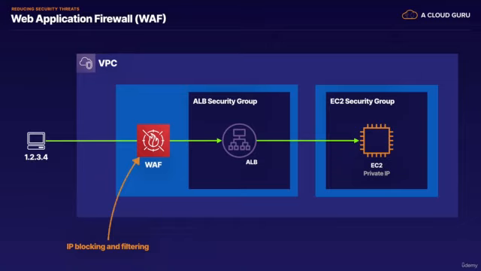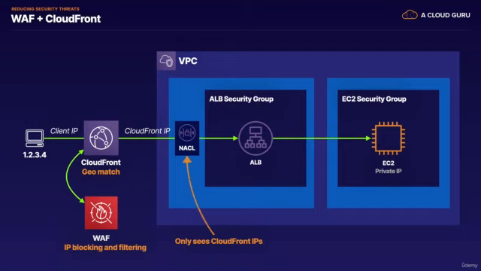And speaking of public web applications, you might have a configuration that involves CloudFront. So just like with the ALB, you can also attach WAF to your CloudFront distribution. And you have a couple of options here. With CloudFront, similar to ALB, the client's connection terminates at CloudFront. That client IP is not visible to your NACL, only the CloudFront IP is passed along to the NACL.